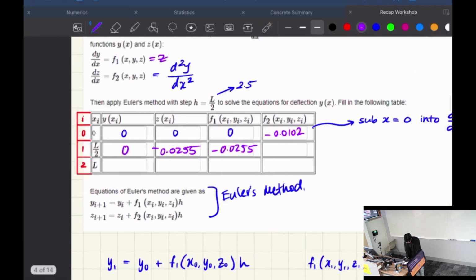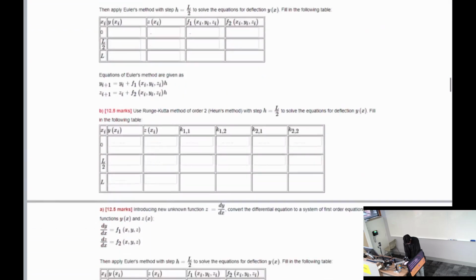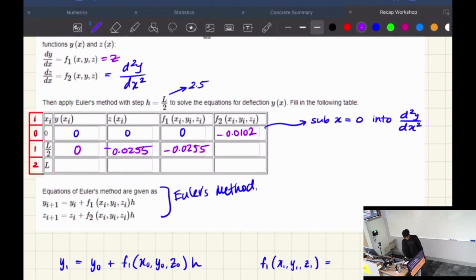Okay, let me check that. Yeah, it is. I did double check. Is that clear, by the way? Or do I need to re-explain why it is? Clear? Okay, sure. I'll move on then.